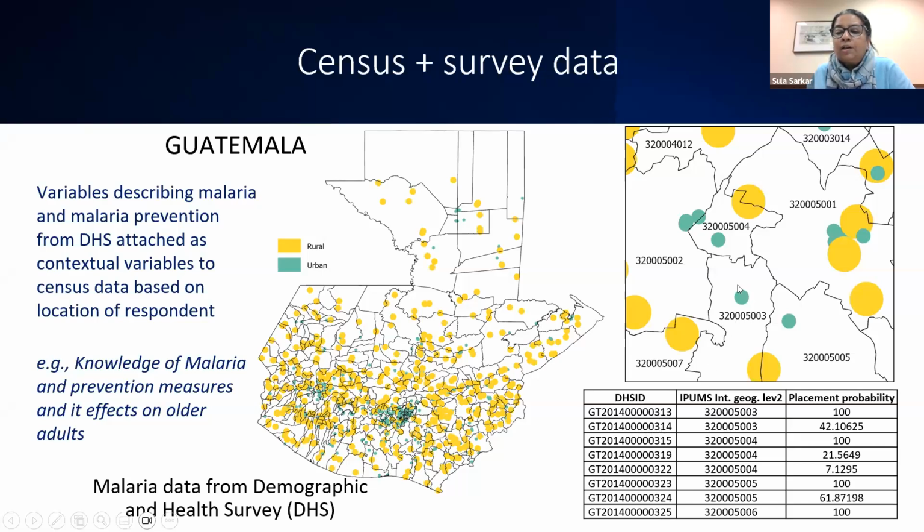So this coordinate in unit 5003 has 100% probability of falling here. Again, in 5003, coordinate number 314, which in all likelihood is this one, has a 42% probability of falling in unit 5003, and the remainder is in 5005. That's the other counterpart of this, if it makes sense.